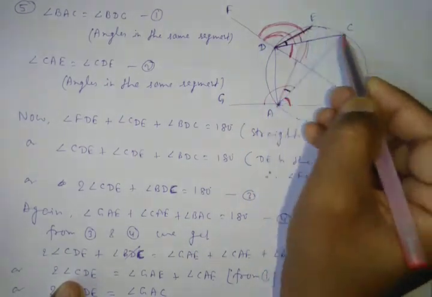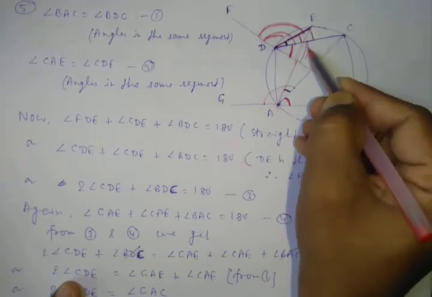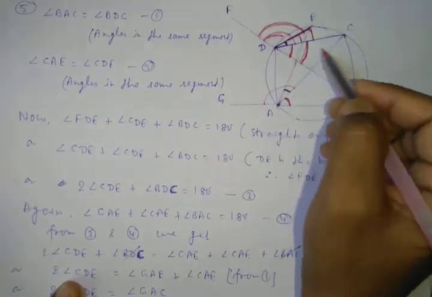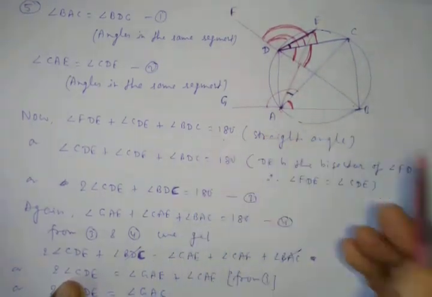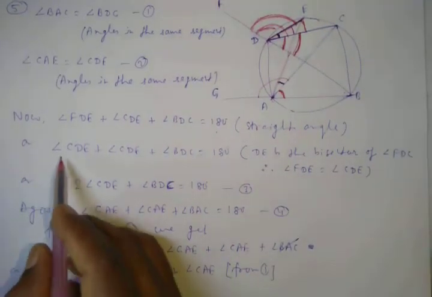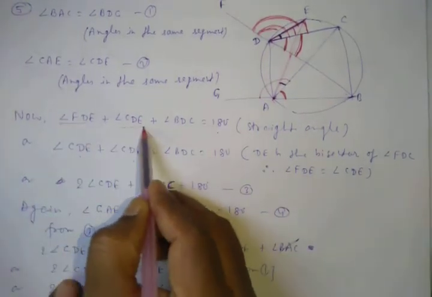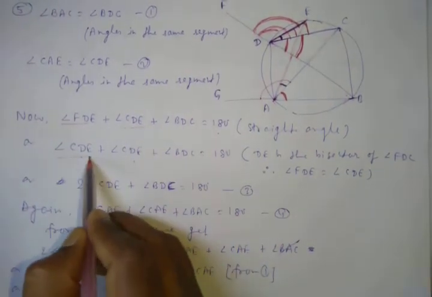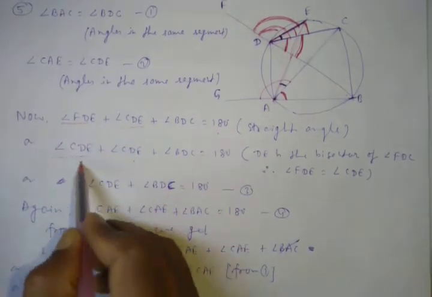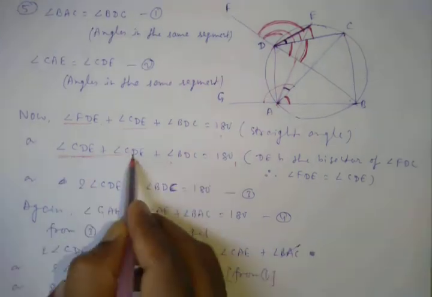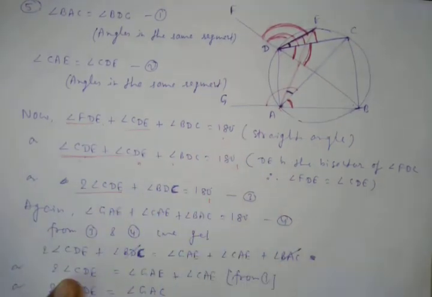So this angle plus this angle plus this angle, the sum of all these three will be equal to 180 degrees, because this is a straight angle. Here it is written CDE plus CDE, because FDE and CDE are equal, so we can write CDE in place of FDE. So CDE plus CDE plus BDC equals 180 degrees. Then 2 CDE plus BDC equals 180.